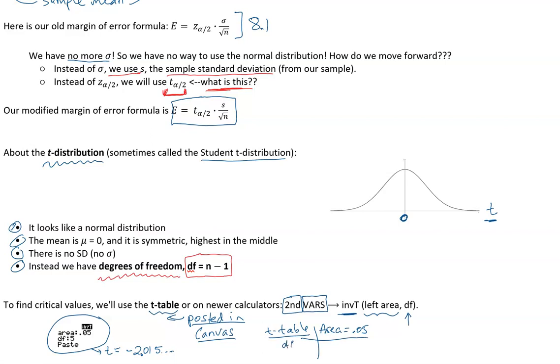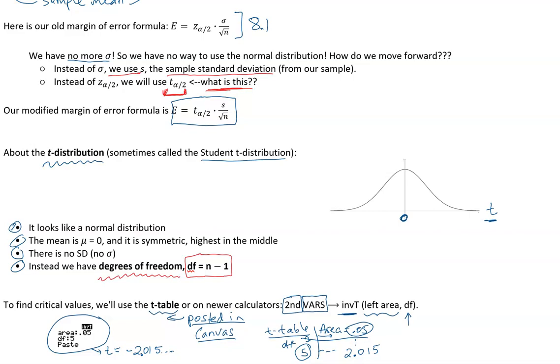In this example I had 5. So you'll find 0.05 across the top, 5 down the left-hand side, and where those two numbers meet in the table is our answer, and I get 2.015. The table always gives the positive version, whereas our calculator typically gives us that negative version.